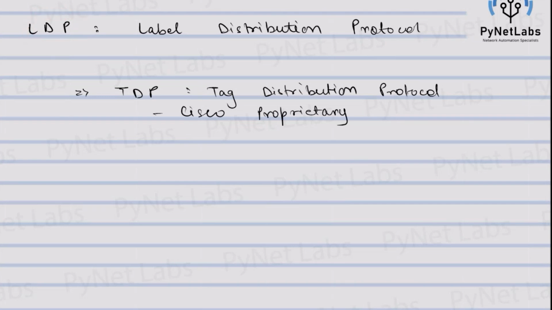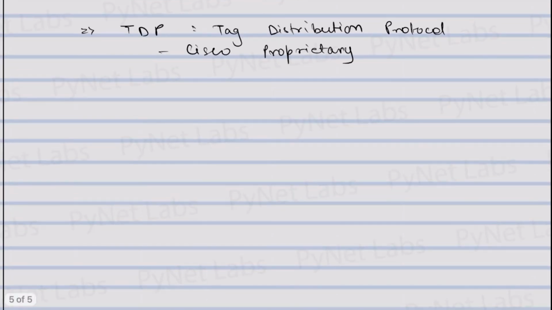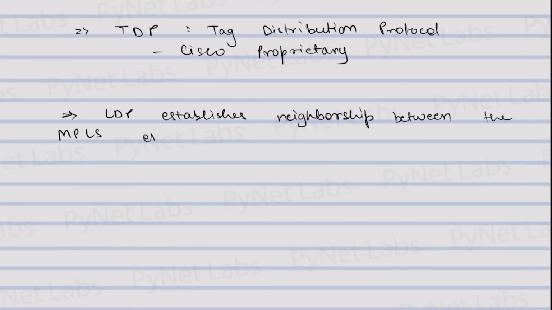Like many other protocols, LDP also establishes neighborship between the MPLS enabled routers. This neighborship is established with the help of a multicast hello packet, which is sent out by the routers.